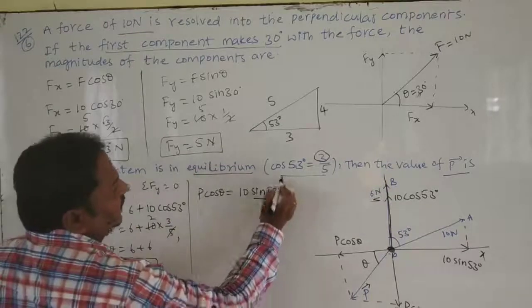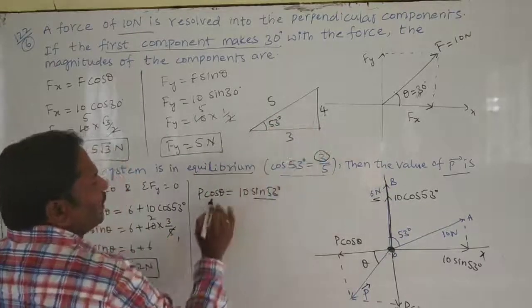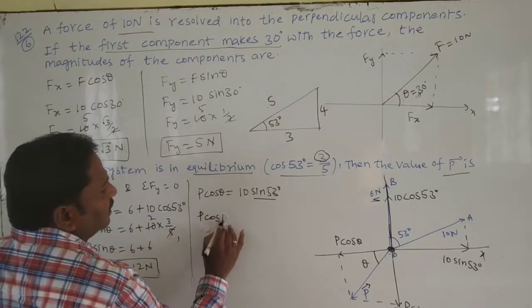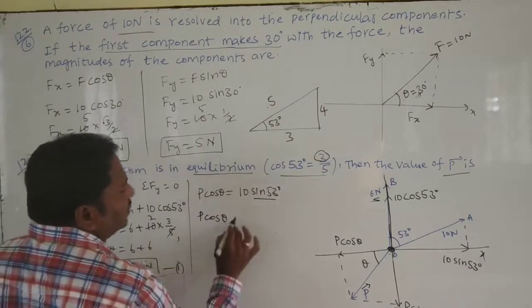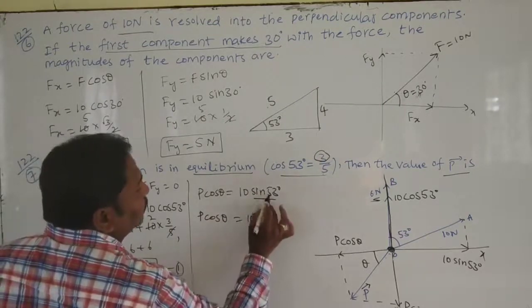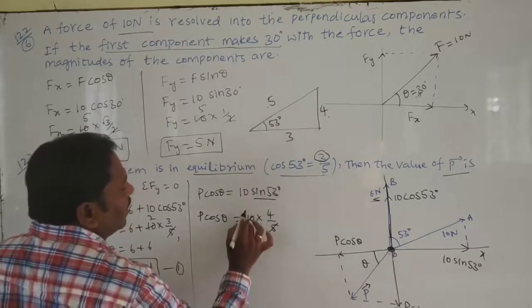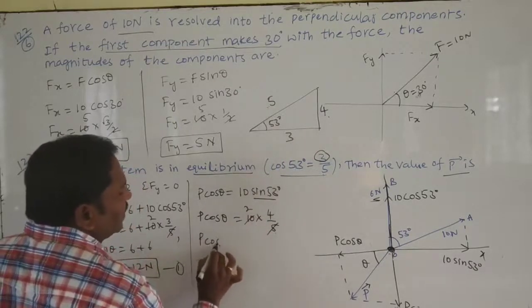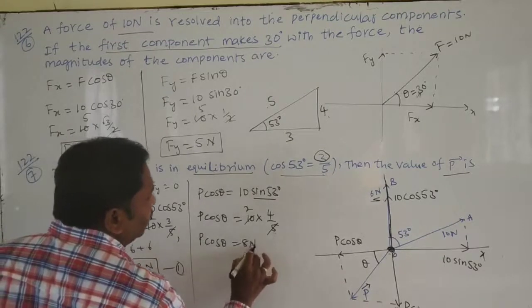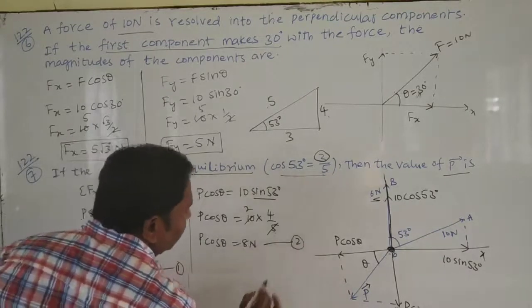For sin 53, opposite side by hypotenuse, P cos theta equals 10 into 4 by 5, which gives P cos theta equal to 8 newtons. This is equation number 2.